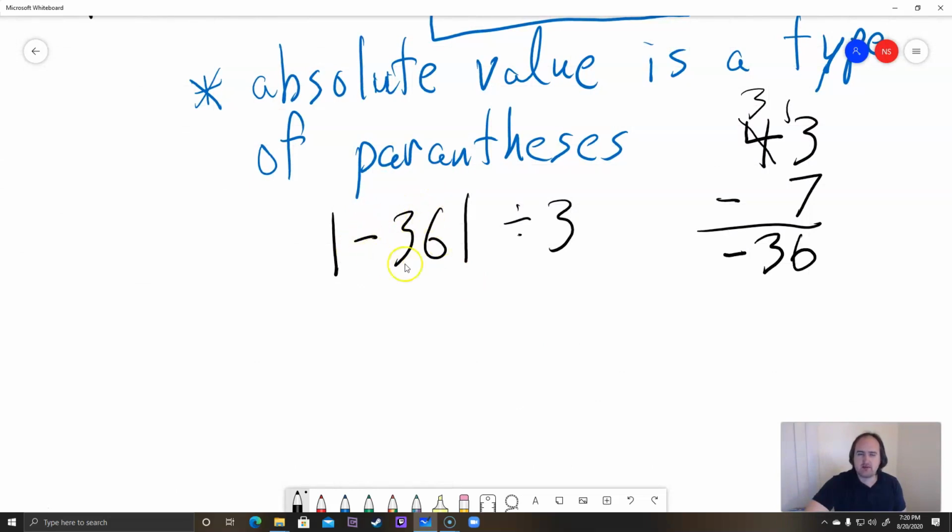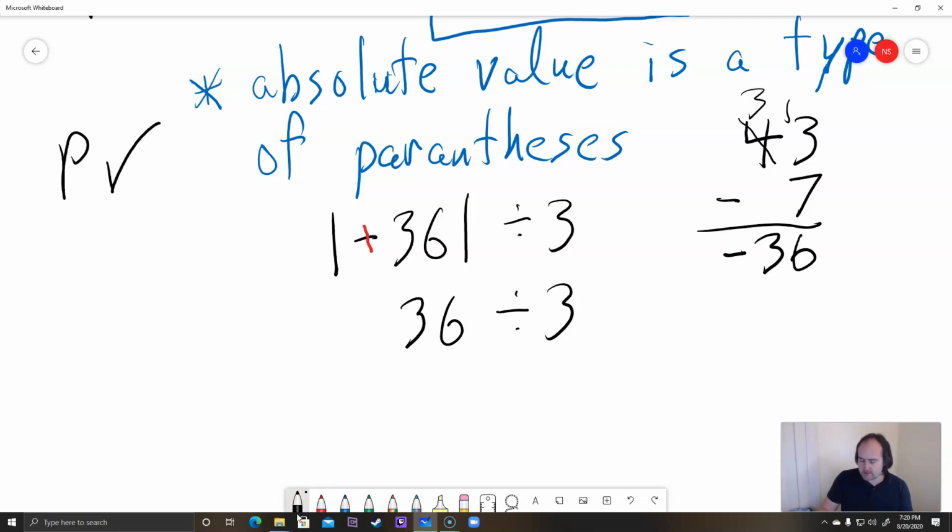So this negative 36 is actually going to end up becoming positive 36. So the negative goes away because of the absolute value being positive. So we get 36 divided by 3. All right, so far we've taken care of parentheses. Parentheses was a big step here. And taking the absolute value is actually part of the parentheses.